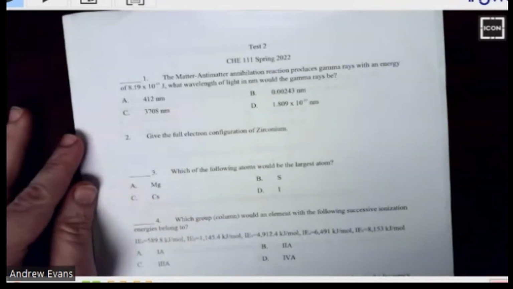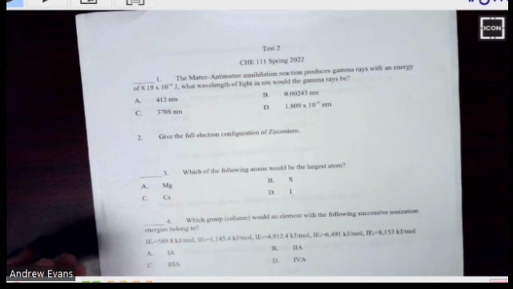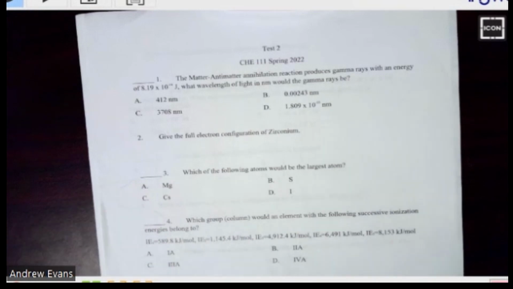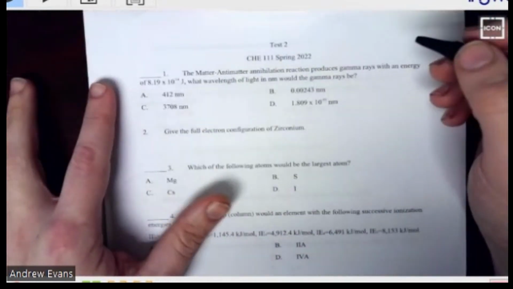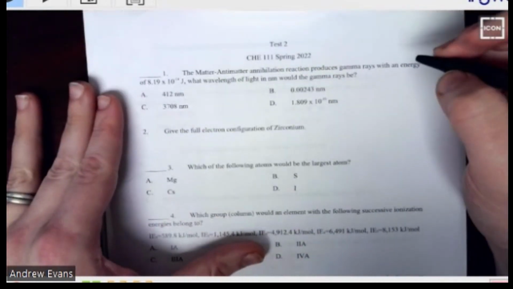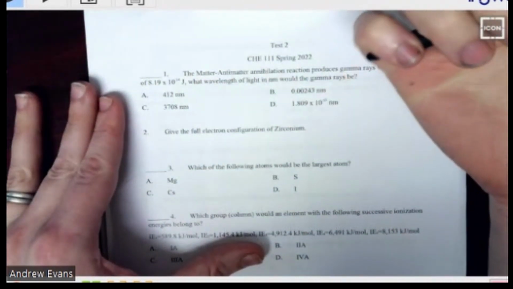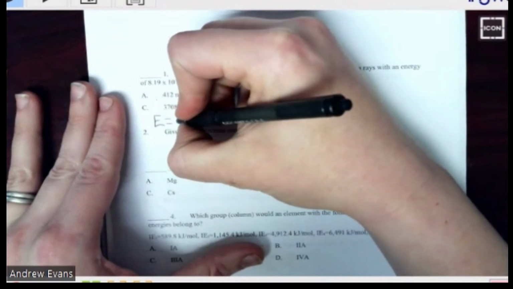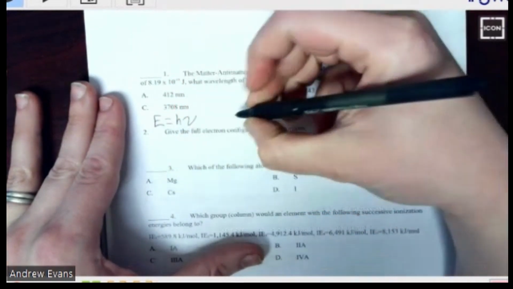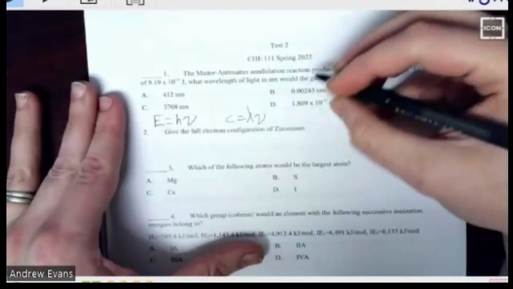Okay, folks, let's look at how to properly solve test 2. So our first problem is turning an energy into a wavelength. The equations we have are energy equals h nu and c equals lambda nu.